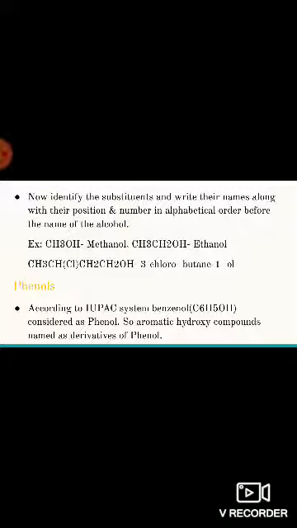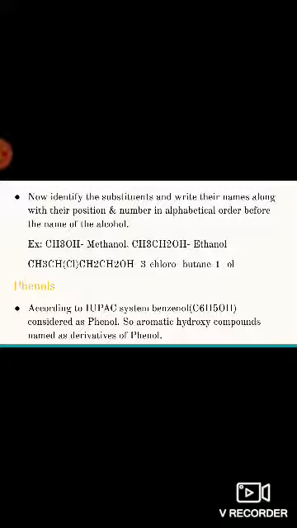After finding the substituents, we have to name them along with their positions and numbers as a prefix before the name of the alcohol. This is the complete naming of the given alcohol or aliphatic hydroxy compound.